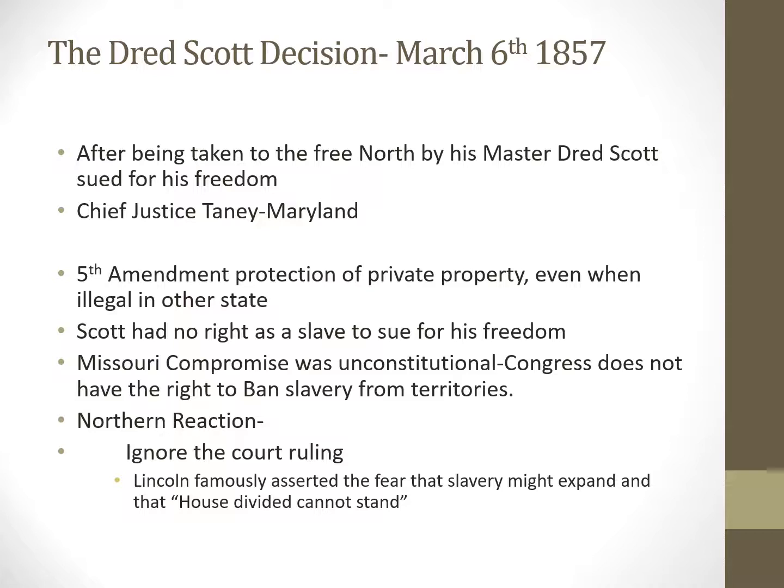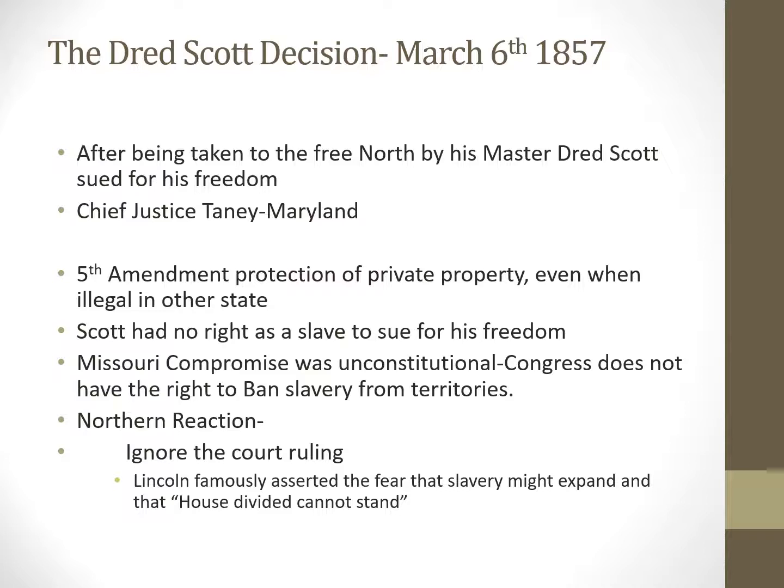The decision was made that Dred Scott could not sue for his freedom. Taney wrote the decision. He wrote the precedent that the Fifth Amendment provided protection of private property, even when it's illegal in another state. So Scott had no right to sue for his freedom, and Scott could not be a citizen.